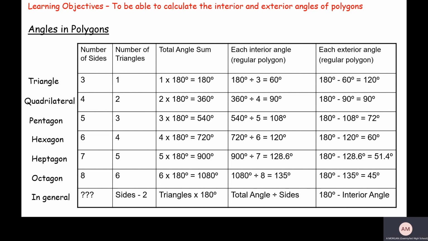Multiplied by 180, and that's going to be how much angle is in there, how many degrees. And if you divide that number by how many sides it's got, which is the same as how many angles it's got, that'll tell you how big each angle is in a regular polygon. And then 180 take away your interior is your exterior.